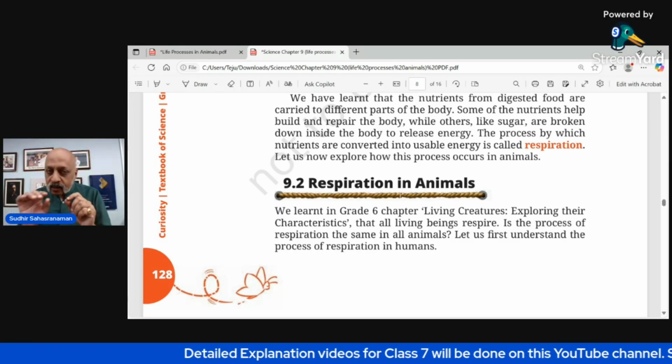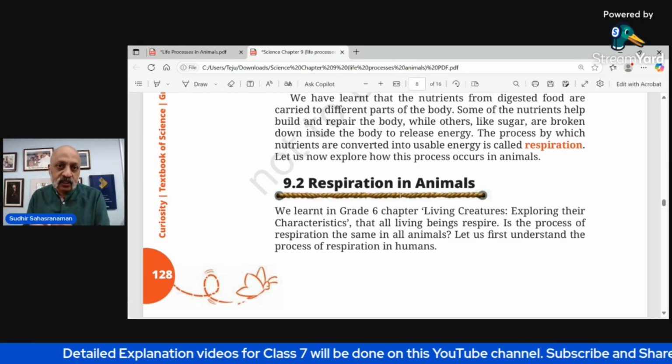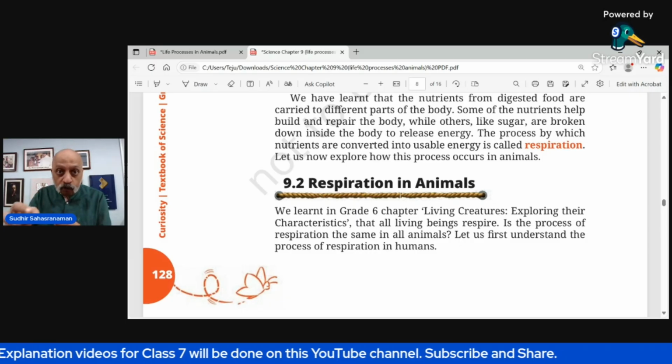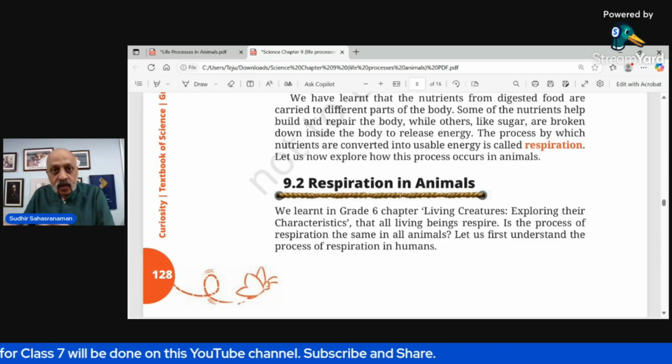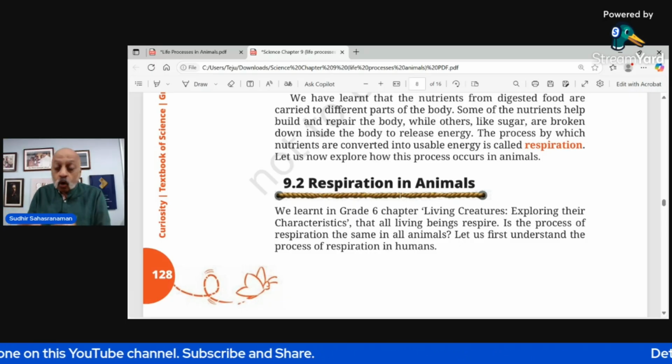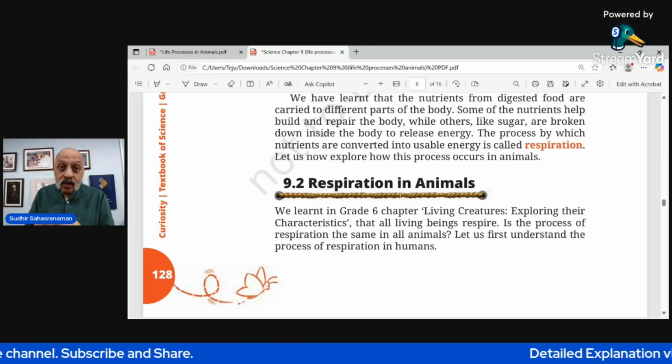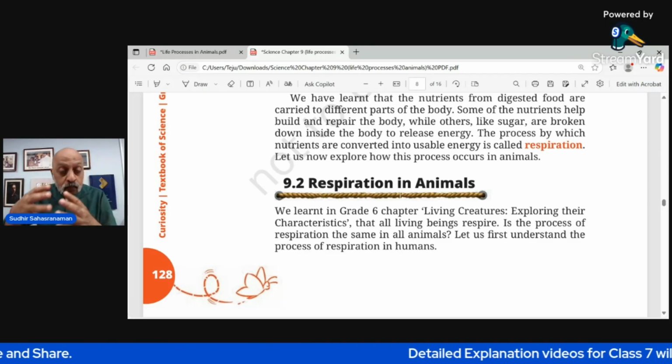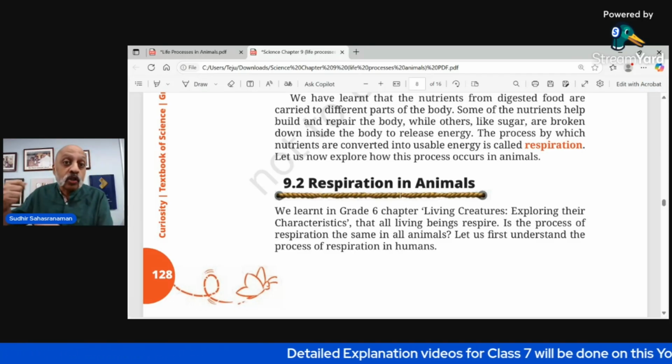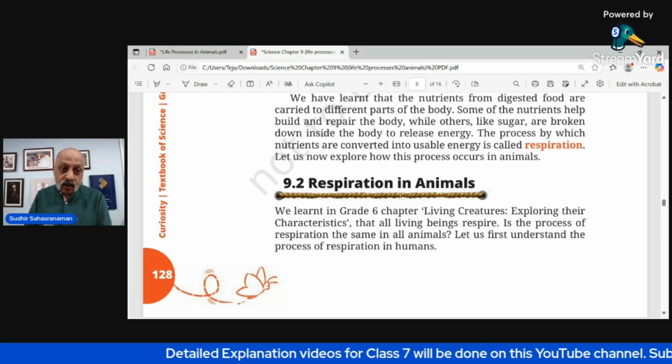Some of those nutrients, the good part of that food, are necessary in order to give us strength, in order to repair our body. There are others like sugar, which are broken down inside the body in order to provide us with energy.